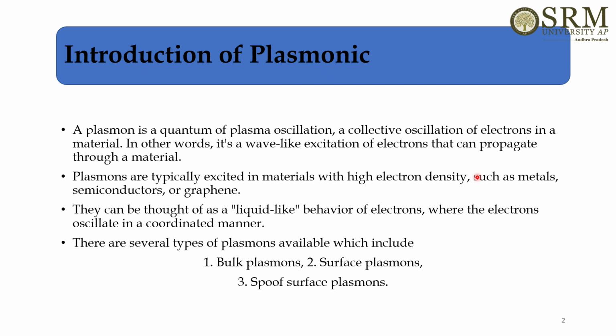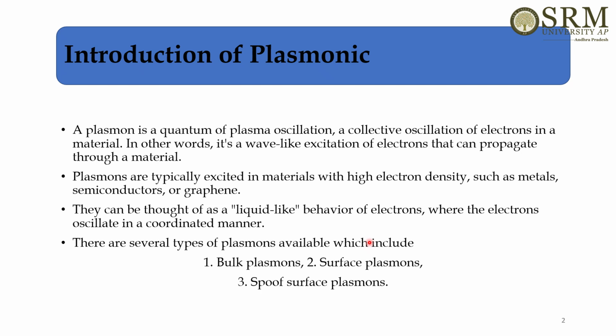These plasmons typically exist in materials with high electron densities, such as semiconductors, metals, or graphene.